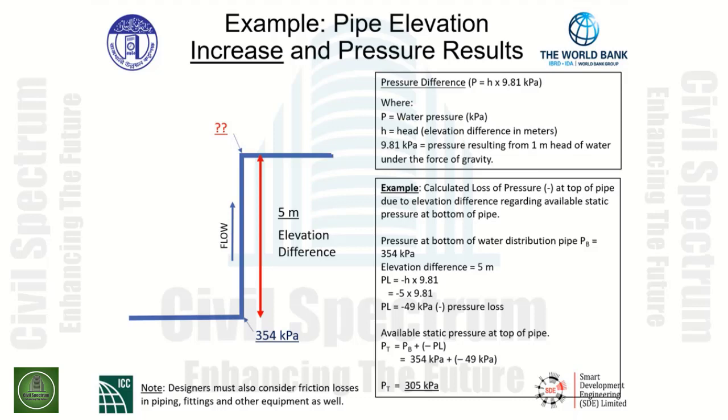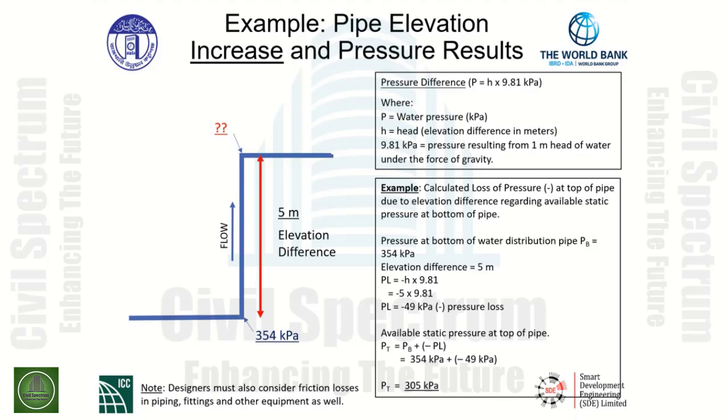In our example, we will use a sign convention in the upward direction as a pressure loss. So we will use a negative number to denote pressure loss at the top of the pipe due to elevation difference regarding available static pressure from the bottom of the pipe.